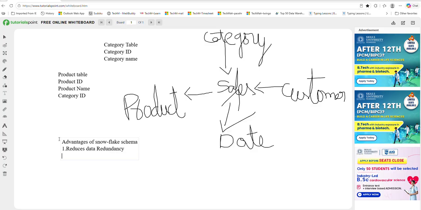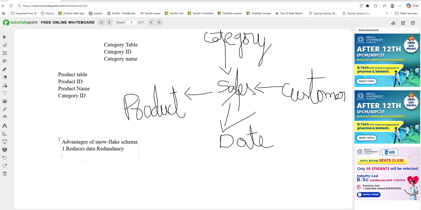That's why it reduces data redundancy. That is one advantage of the snowflake schema. Duplicates will be removed, that's why duplicate data is minimized and it reduces data redundancy.